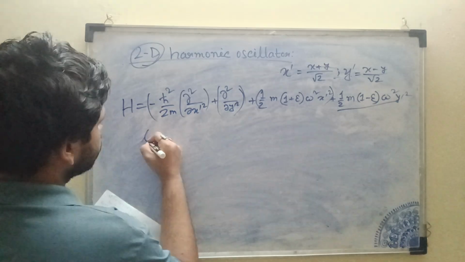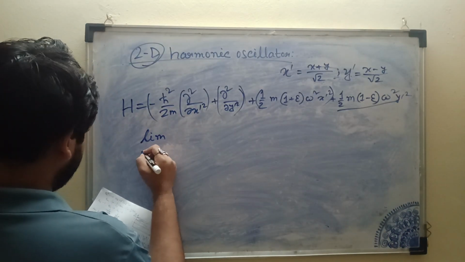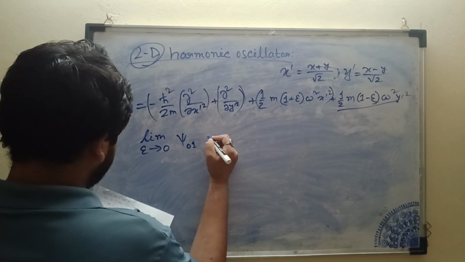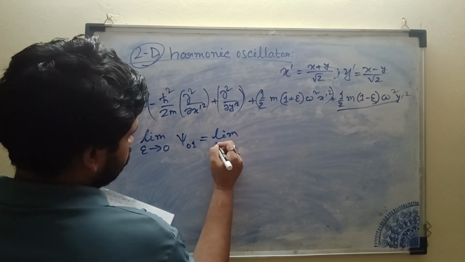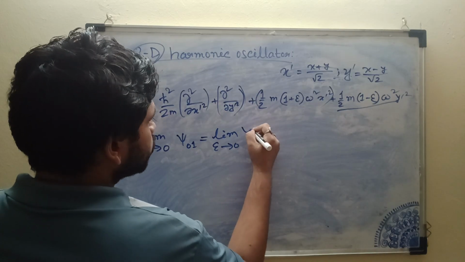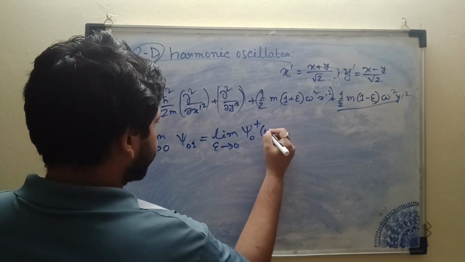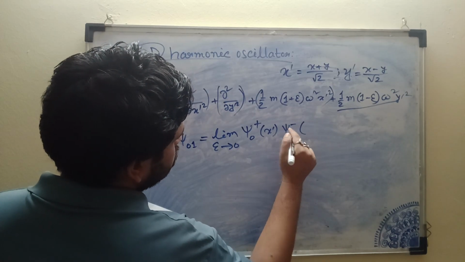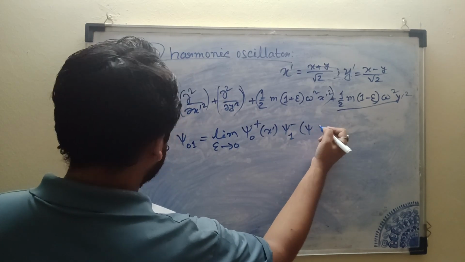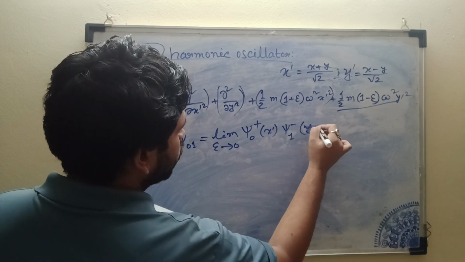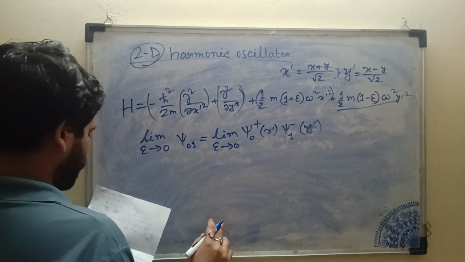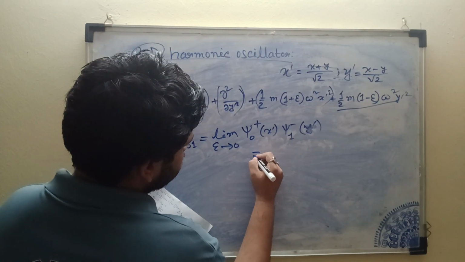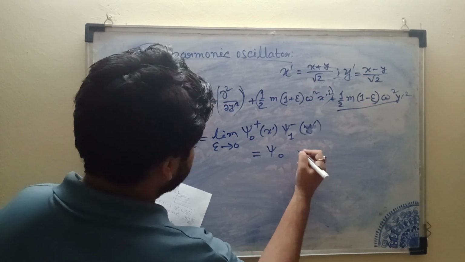So in the limit epsilon tends to 0, psi 0,1 will be the limit of psi 0 plus x prime into psi 0 minus, sorry, psi 1. This is the 0,1 first case. For this y prime, if we come back to the initial coordinate system, we have to rotate another time.